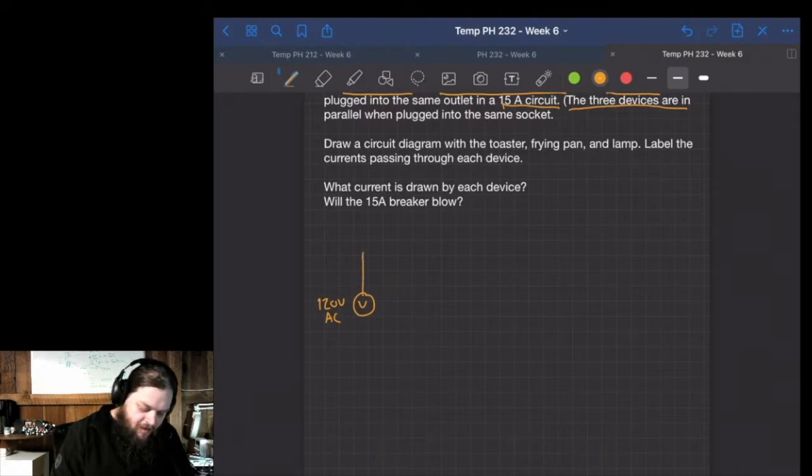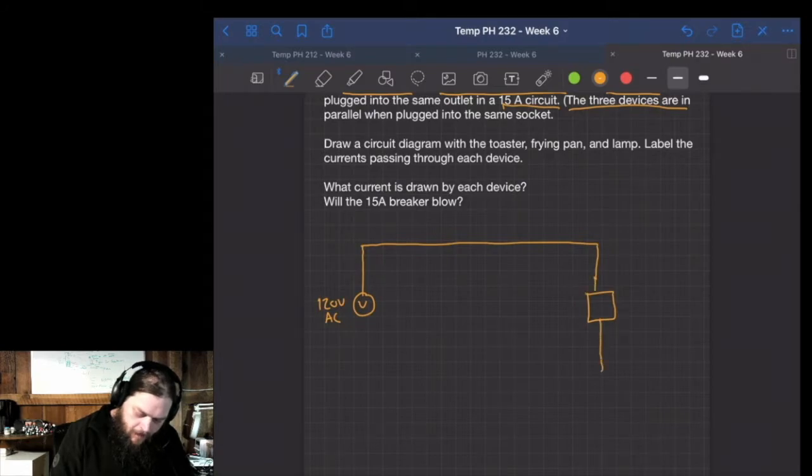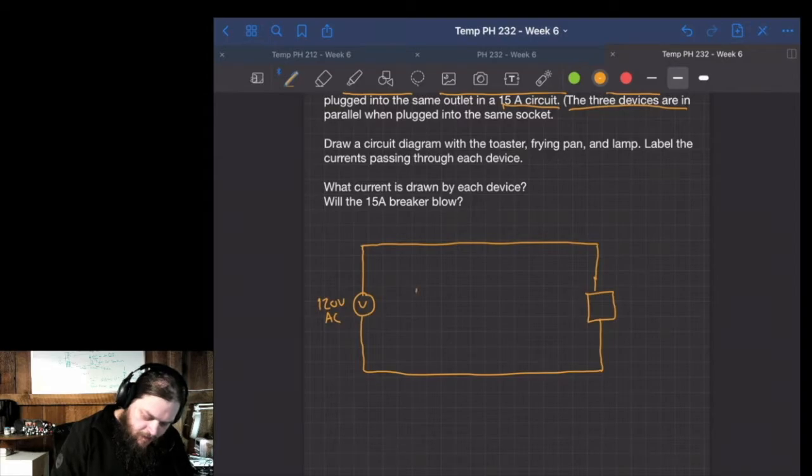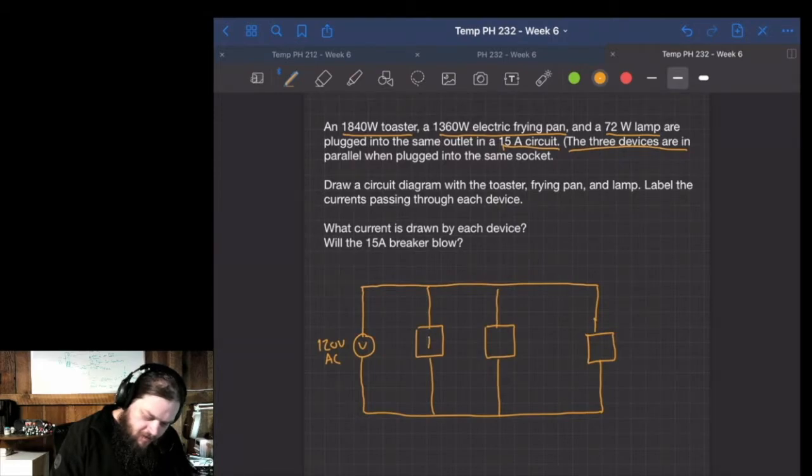And if we draw a circuit, I'm just going to draw a really simple circuit. I'm going to put a box here. I'm just using these boxes for my different devices. I'll put another box here, and then a third box here. So the first one is going to be my toaster.